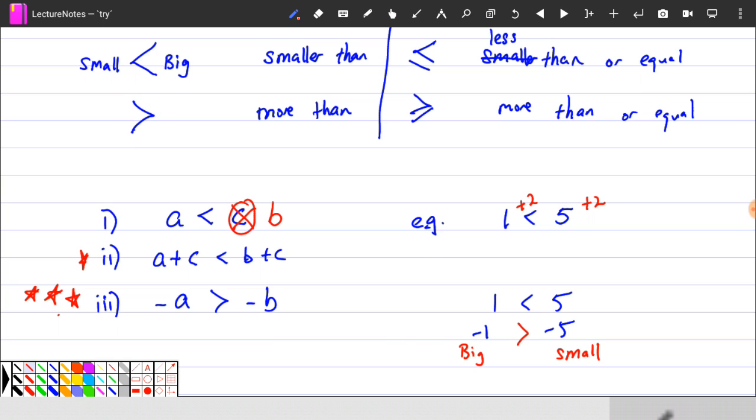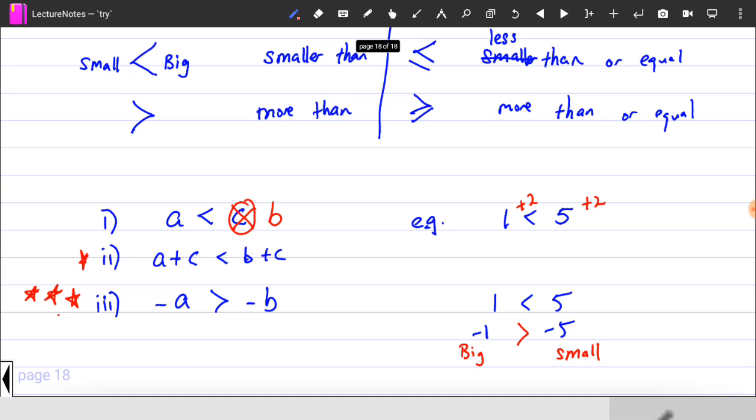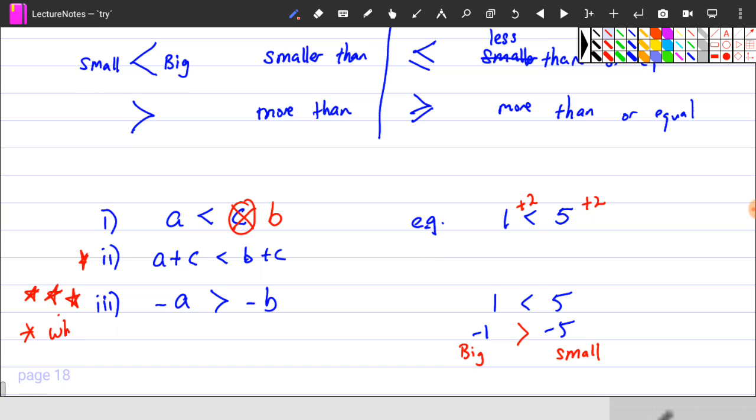Some of you are not writing. I hope you know what you are doing. So what can you conclude from part 3? Can you write down? When you multiply or divide by a negative number, you need to change the inequality sign.